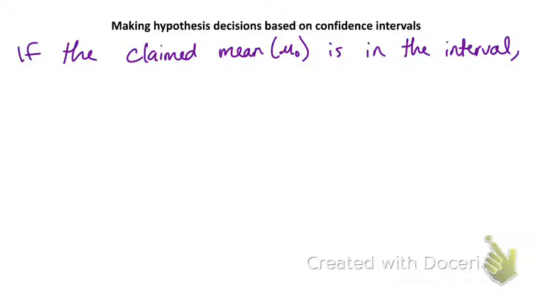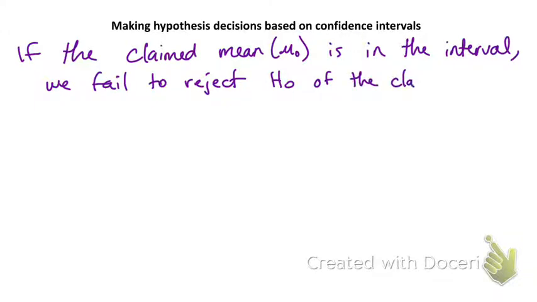The claimed value is within the interval of possible true values. Would you want to reject or fail to reject the claimed value? I would fail to reject. Good. We fail to reject the null hypothesis of the claimed value.